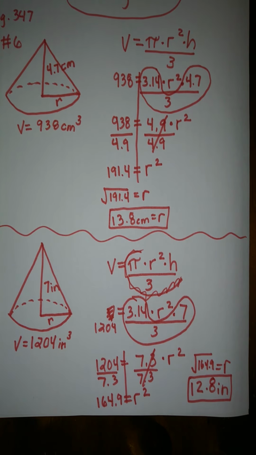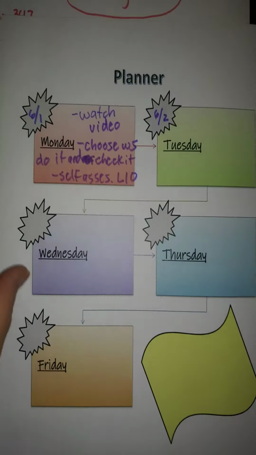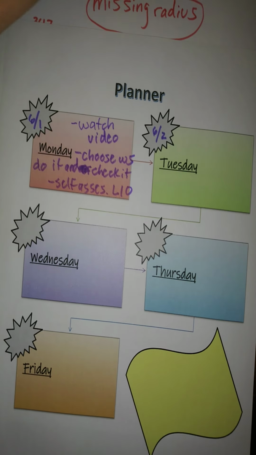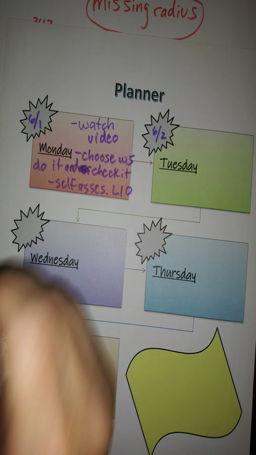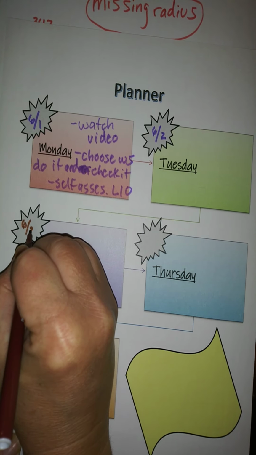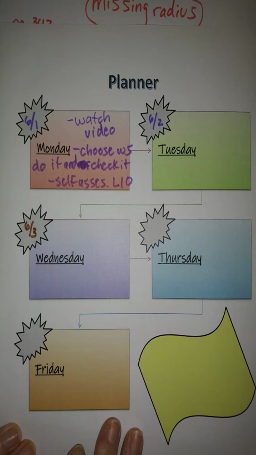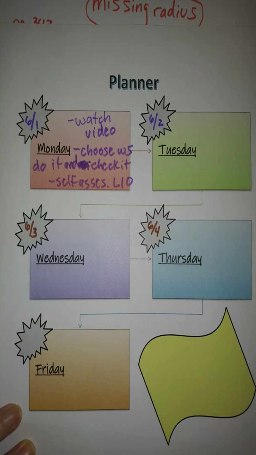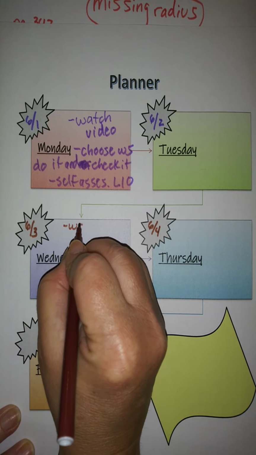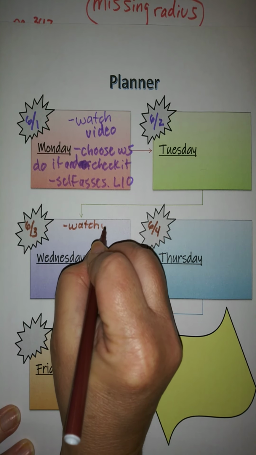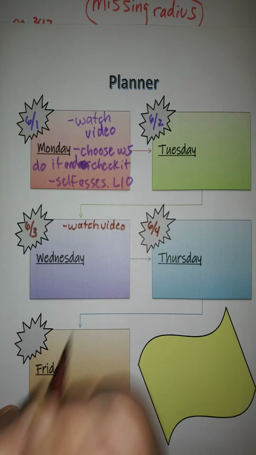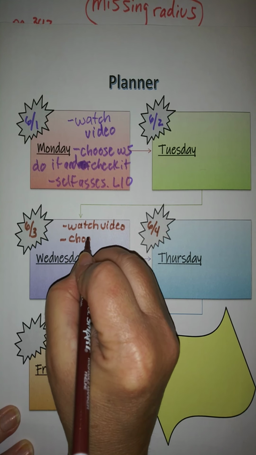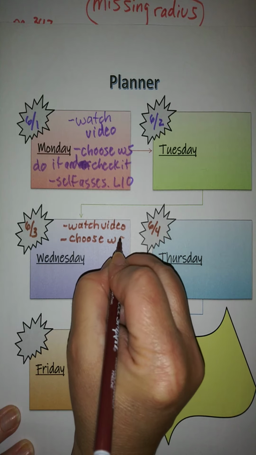All right, so let's look at our planner here for this week. So today is June 3rd. Or you might be watching it on Wednesday, June 4th. And what you're going to do today is watch video and take notes. So you already did that part. Okay. You want to choose a worksheet. There's 3 of them.